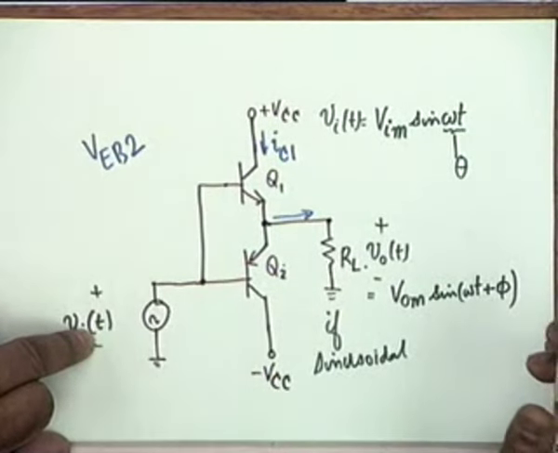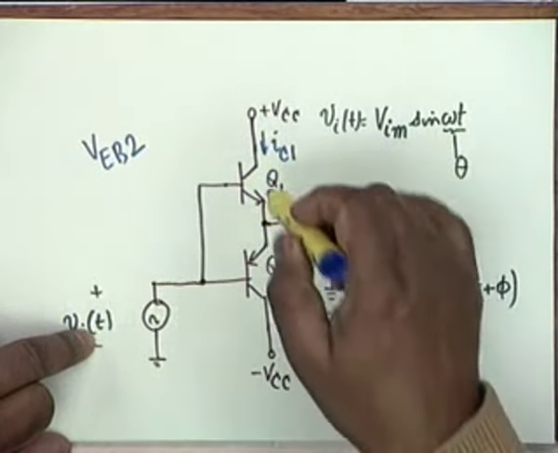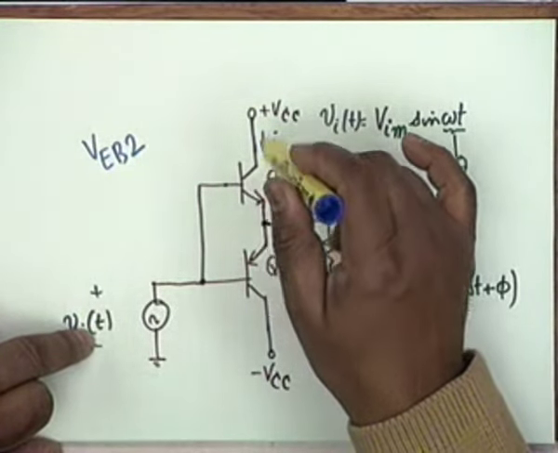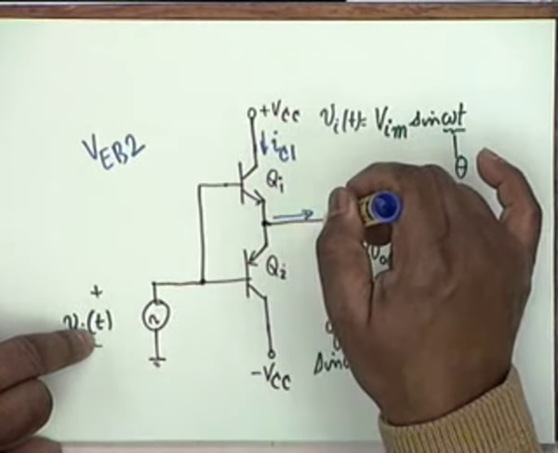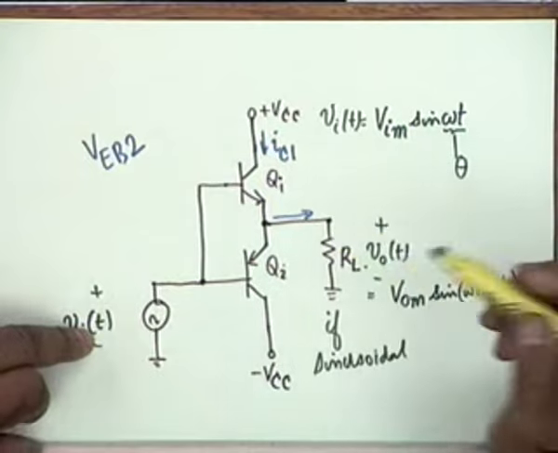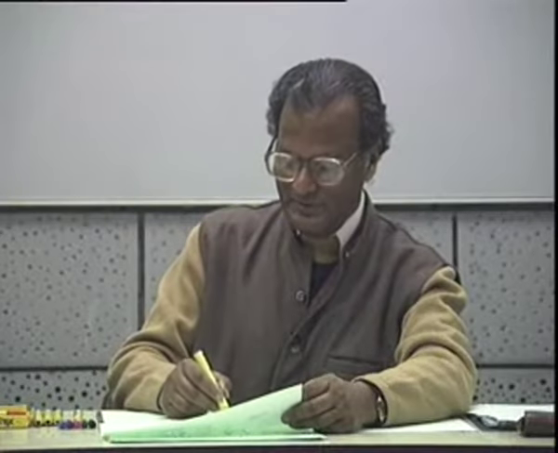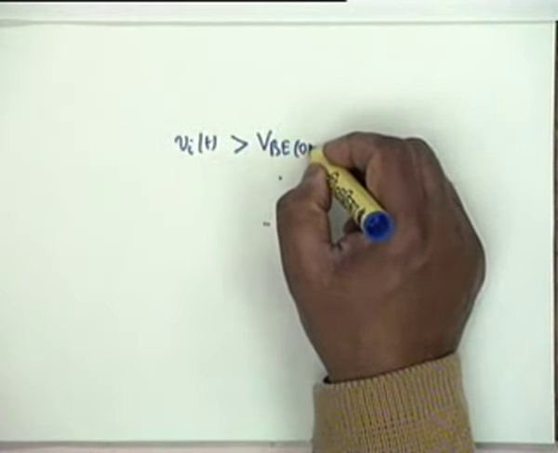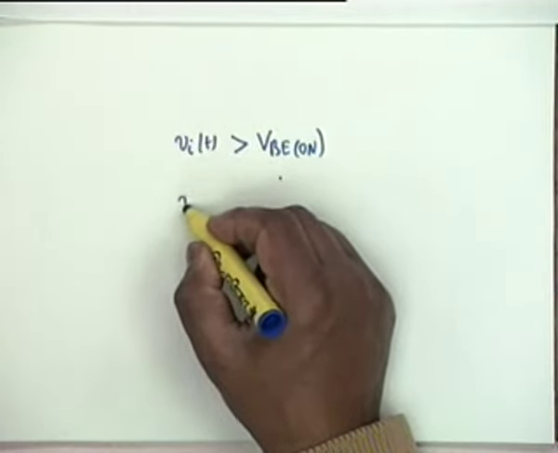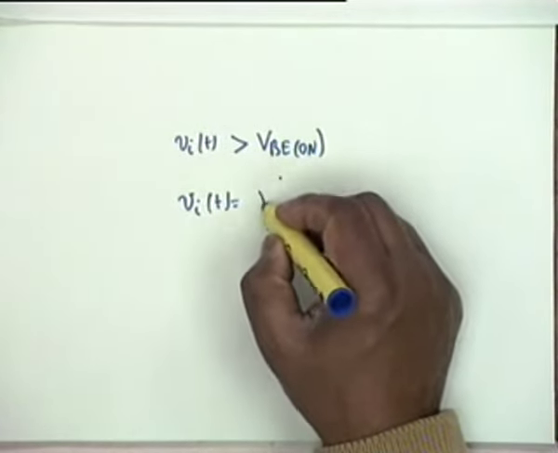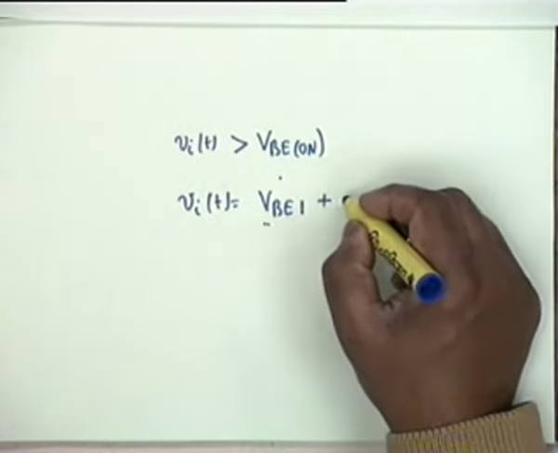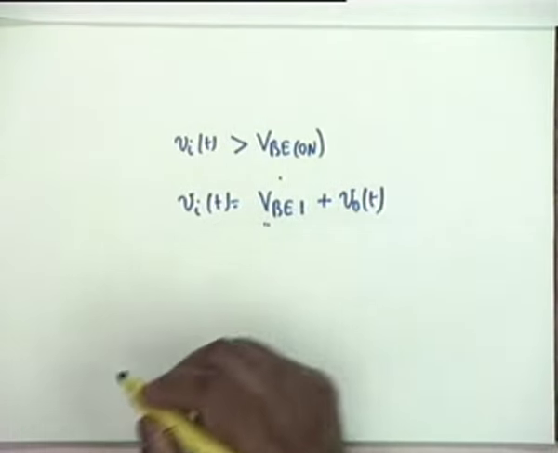You also notice that when V_i is positive and greater than V_BE on, the transistor Q1 acts as an emitter follower. Isn't that right? There is no load here. The load is at the emitter, and therefore this is an emitter follower. And therefore V_i would be equal to V_BE1 plus V_o.